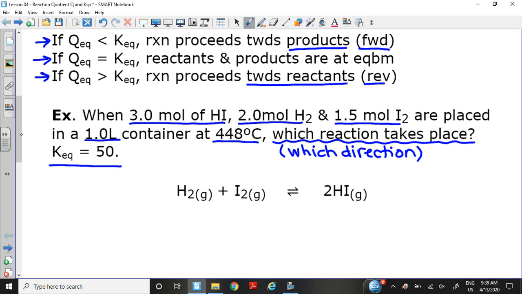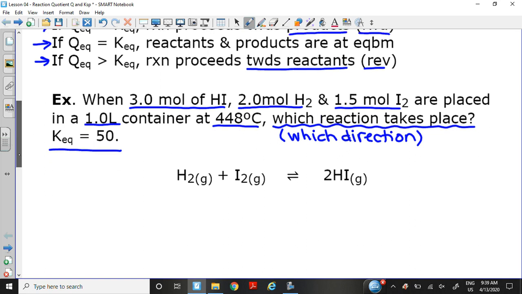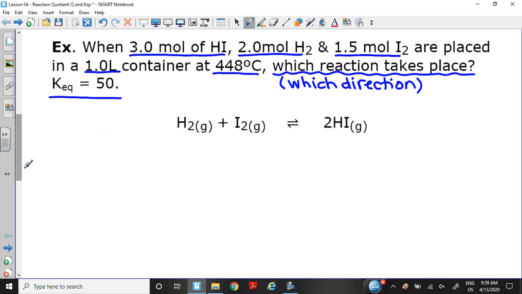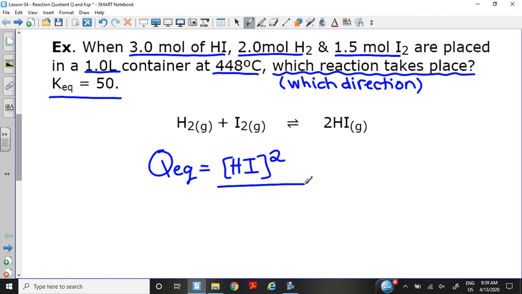Okay, so now what we're going to do is write a Q expression that looks like K, but instead of putting K_EQ, we're going to put Q_EQ. On the other side of the equal sign, it's going to look identical to your K, so your product's on top, so the hydrogen iodide. And then on the bottom, you've got hydrogen and iodine.